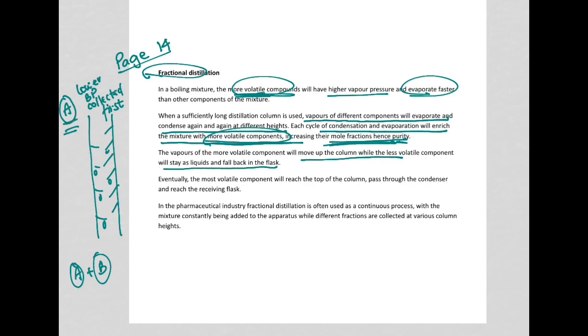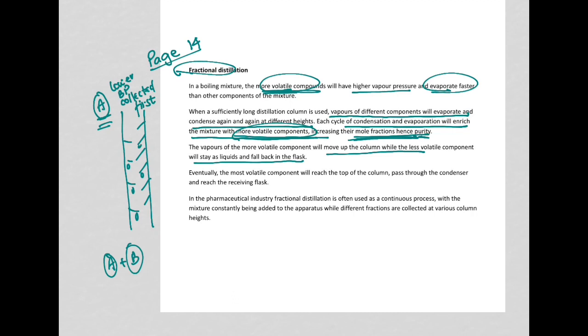So let's say A is the one with the lower boiling point. This is going to be collected first. This will move up the column and get concentrated, while even if B moves up, it will condense back into the flask. Eventually, the more volatile component will reach the top, pass through the condenser, and reach the receiving flask.